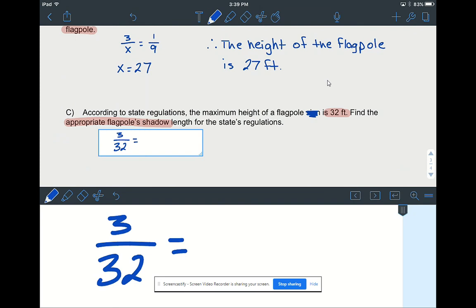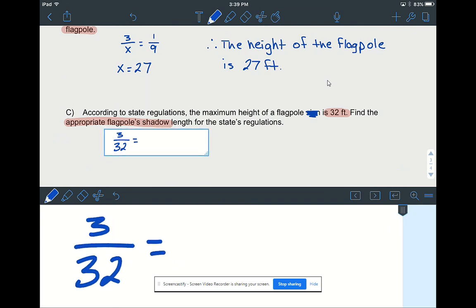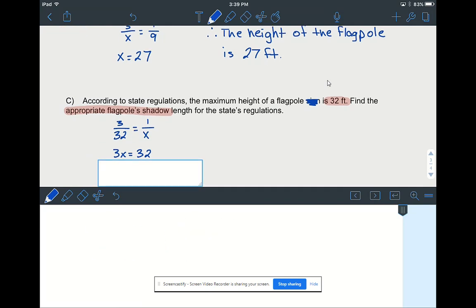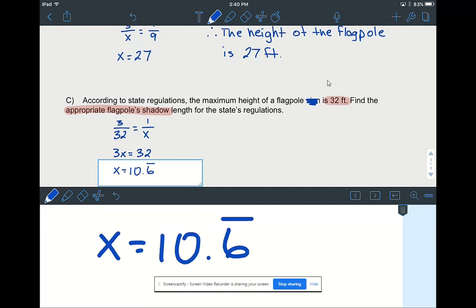And then the shadow is going to be 1 foot for the yardstick, but we don't know the appropriate flagpole shadow. So that will be x. So when we cross multiply there, we get 3x equals 32. Divide, you get x equals 10.6 repeating.